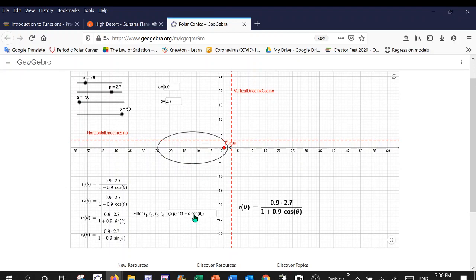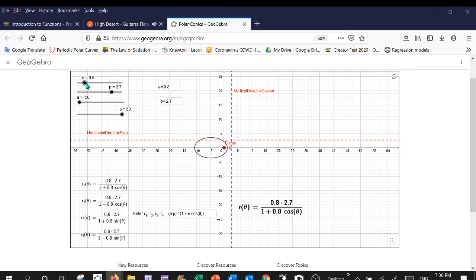So right now, this is an equation of an ellipse, right? And our E is 0.9. So if I change my E, first of all, I'm going to start from really close to 0.